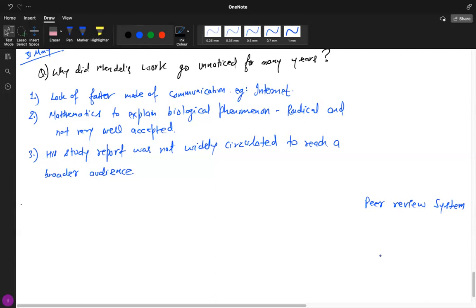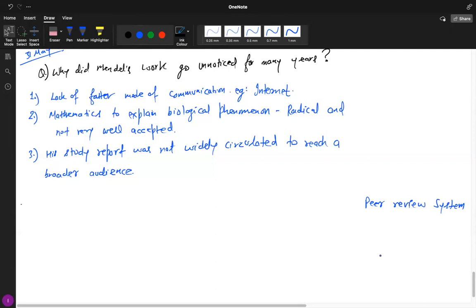Yes, sir. So peer review system is where, in the scientific community, whenever you claim that you have found something, discovered something, invented something, you have to write a paper and that paper goes into peer review.